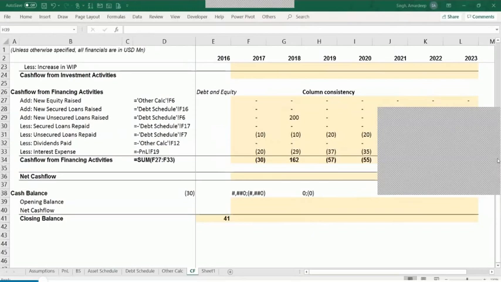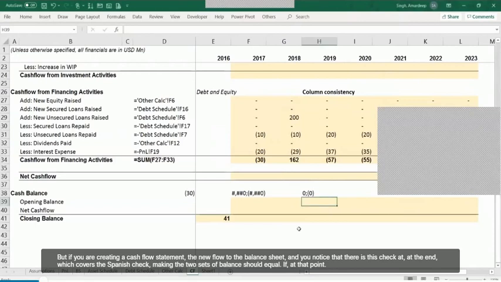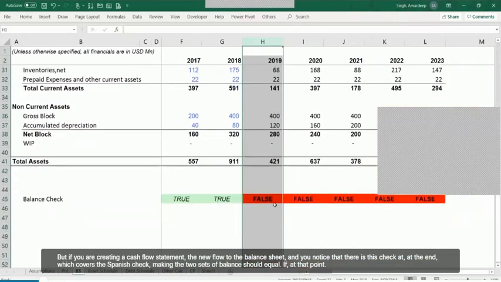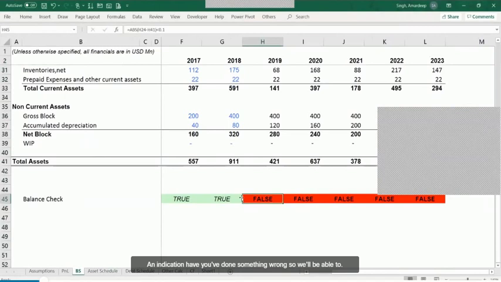So you missed some part and you committed that error. You would never be able to find out if there is an error in the model if you're putting cash as a balancing figure. But if you compute cash by creating a cash flow statement, then you flow it to the balance sheet and you notice that there is this check at the end which covers the balance sheet check, making the two sides of the balance sheet equal. If at that point in time you see that there is a false, it's an indication that we've done something wrong.